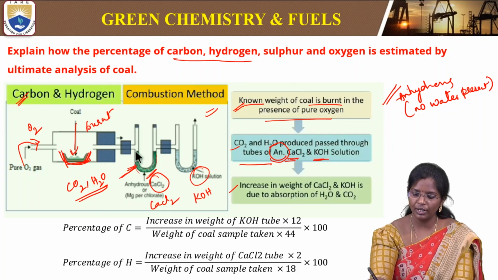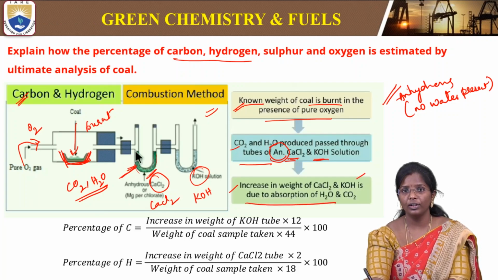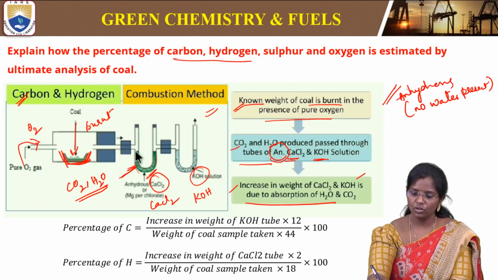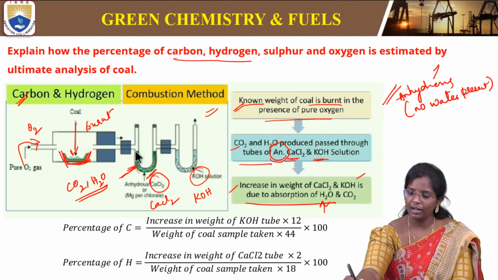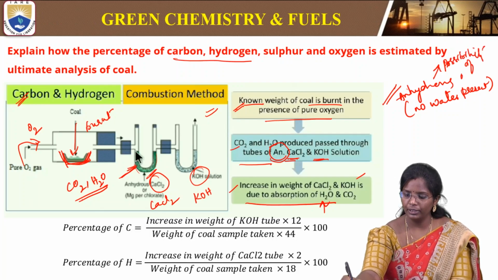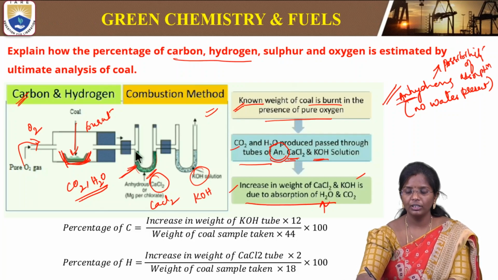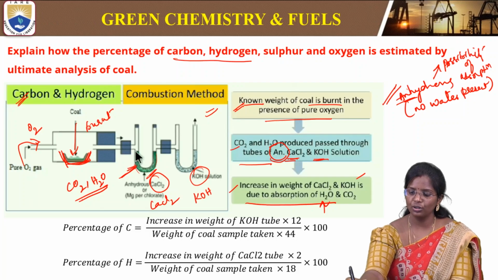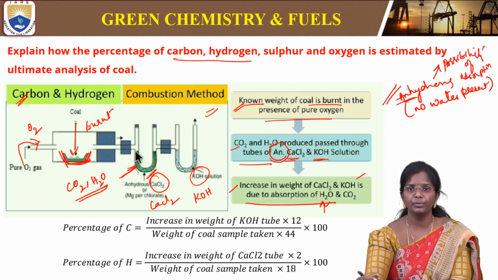The increase in weight of calcium chloride or KOH is due to absorption of water and carbon dioxide. Since it does not have water molecules, it always has the possibility of absorbing. The calcium chloride will always tend to take up moisture.